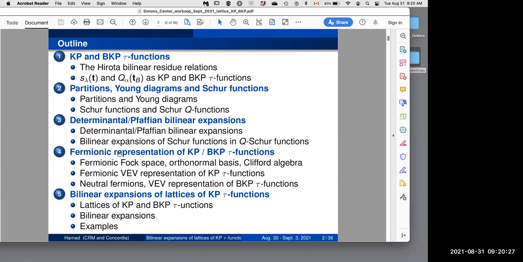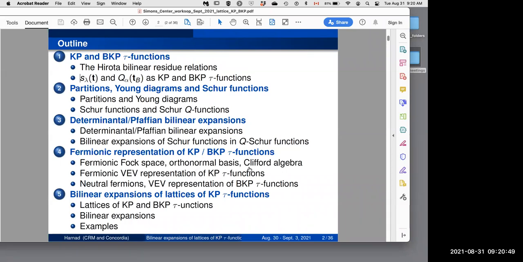And then finally, using the fermionic representation, I will show how you can construct lattices of tau functions, of which the Schur functions and Q-Schur functions are special cases, but they're all labeled either by partitions lambda or by strict partitions alpha, just like the S and Q functions are.